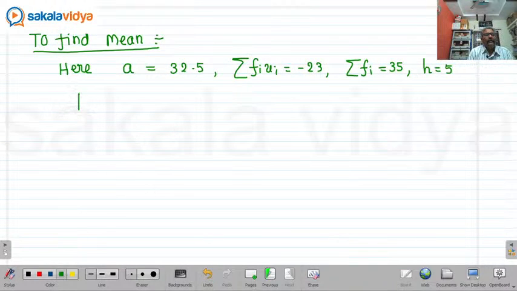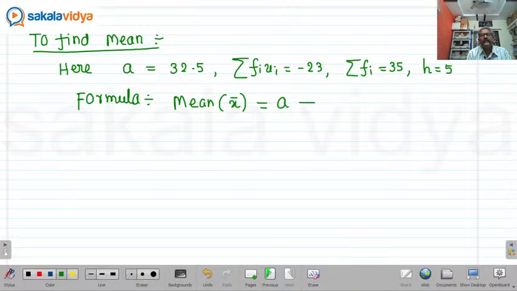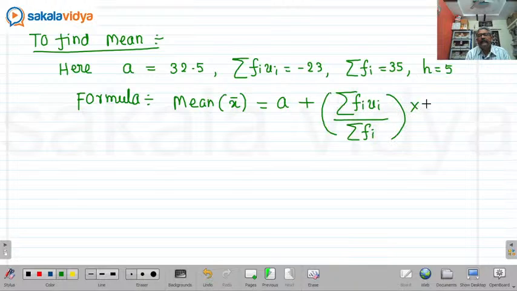So let us write the formula. Mean, that is x bar, equals a plus sigma fi ui upon sigma fi, multiplied with the size of the class h.